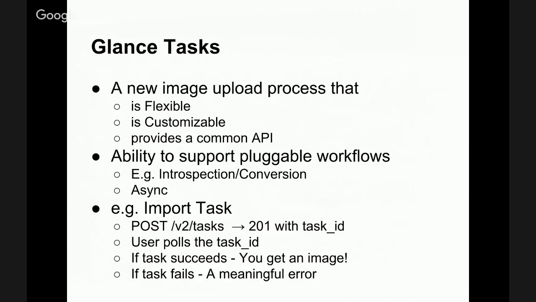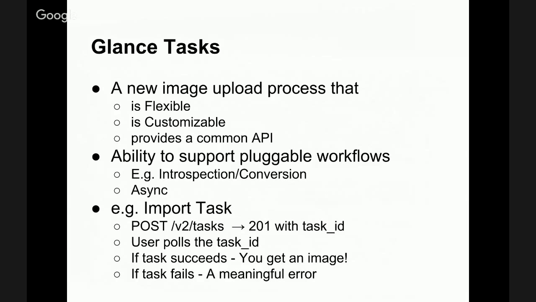These QCOW images are not natively supported by the VMware hypervisors. So as an operator, I would need to ask my users to convert all the QCOW images into the VMware specific format, which is VMDK. This could be a laborious process for the users, and they may not even do it appropriately.